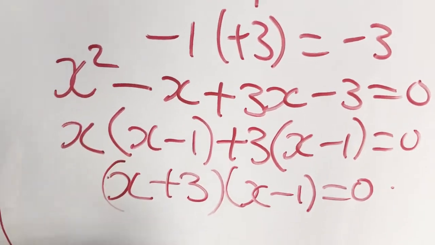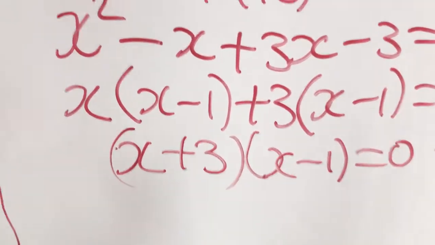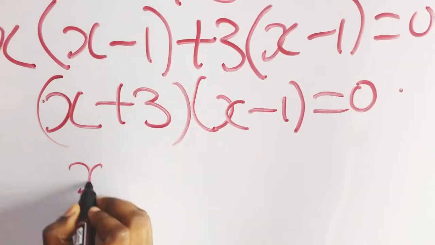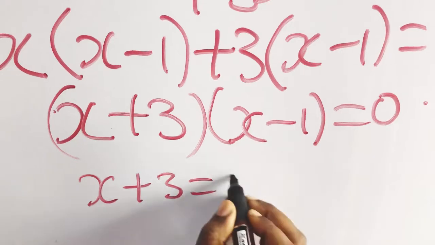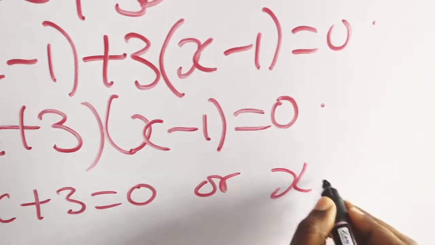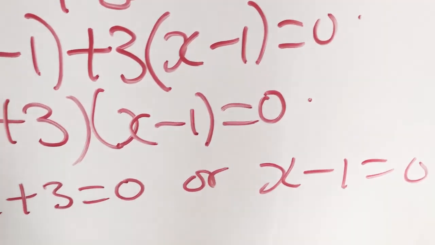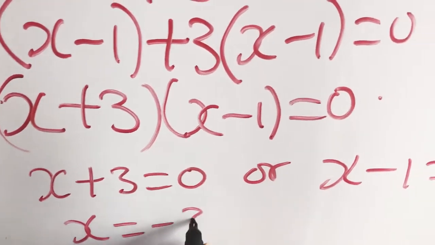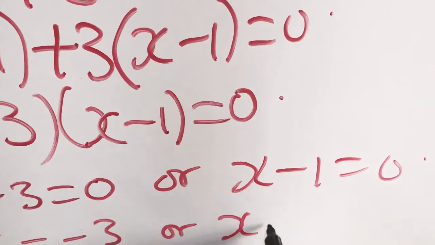To find the zeros of the polynomial, we say that x plus 3 is equal to 0 or x minus 1 is equal to 0. So x is equal to minus 3 or x is equal to 1.